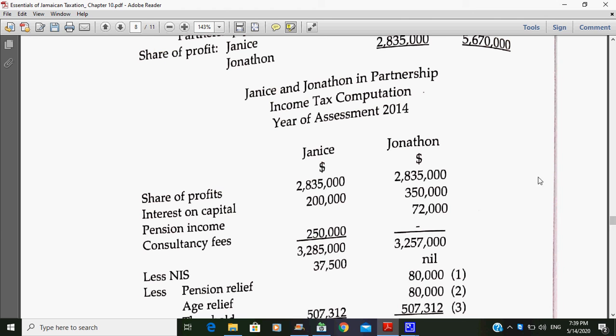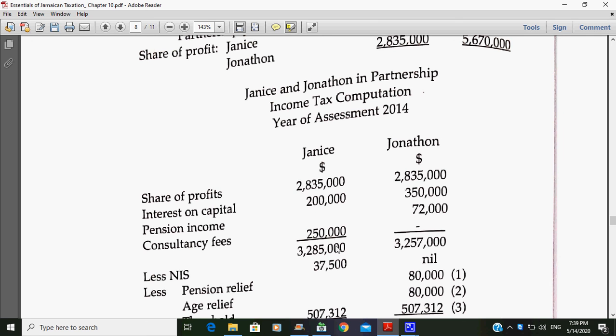So you draw this up now, you have Janice and Jonathan columns. You put in the share of profits. Good. Then you put in interest on capital. These are all what would have been income.